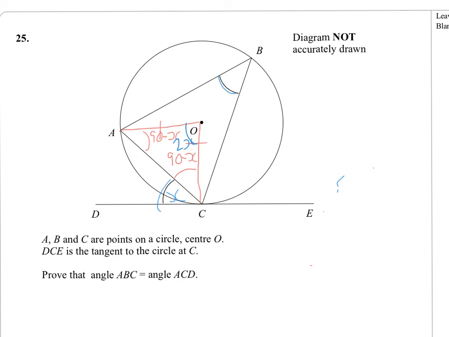Angles at the circumference are half the angles at the centre, which means that is x there. So that's my proof.